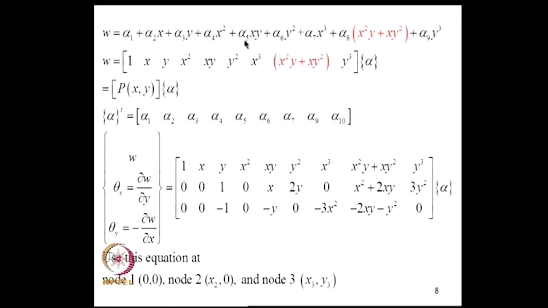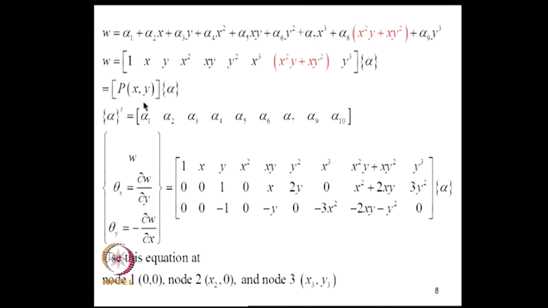So, W is represented as this polynomial and we can rewrite this by defining this row vector consisting of 1, x, y, x square etc., and alpha is the vector of generalized coordinates alpha 1 to alpha 9 as shown here. We call this matrix P of x comma y.